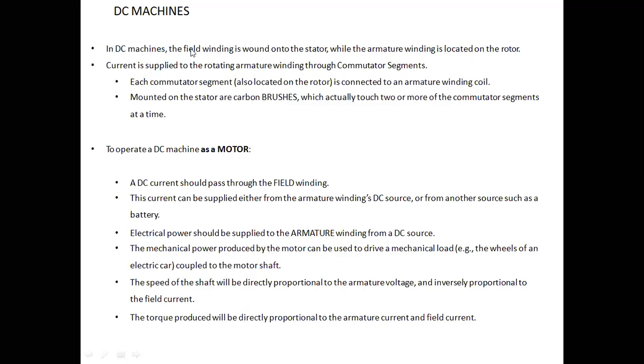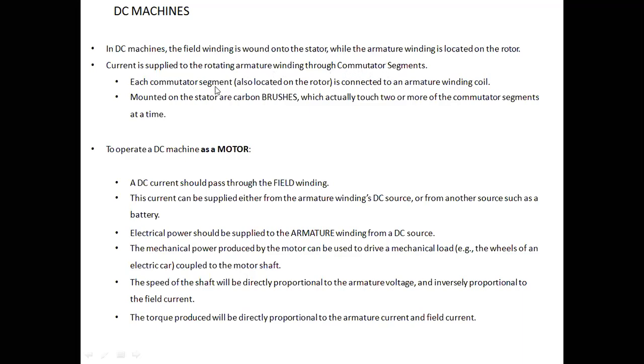So here current is supplied to the rotor part through the commutator segments, because the commutator works as a conductor. We are using copper, and we know copper is a very good conductor, so it allows the current to flow easily. So we can give current to the armature winding through that copper.